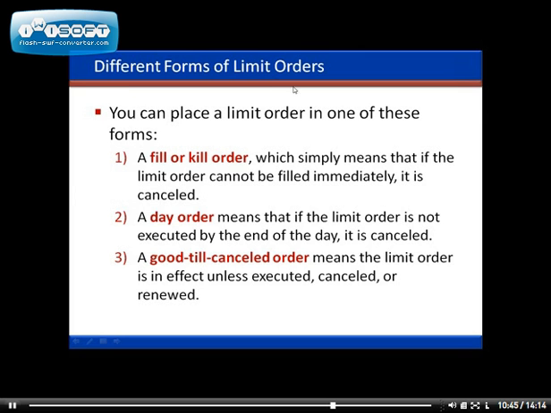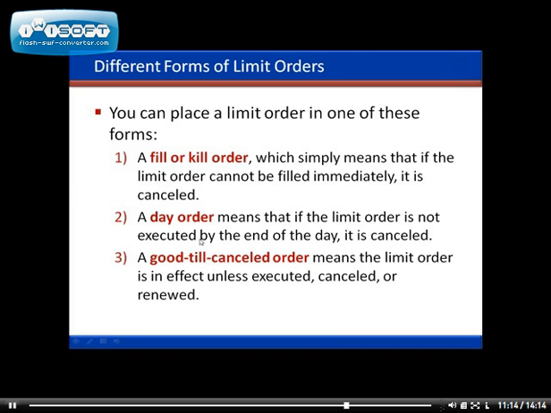And there are different forms of limit orders. There's a fill or kill order, which simply means that if the limit order cannot be filled immediately, it is canceled. Say, for instance, on Monday you say that you want to sell 20 shares, but you only want to sell them at $25. If it doesn't happen on Monday, then that order is canceled.